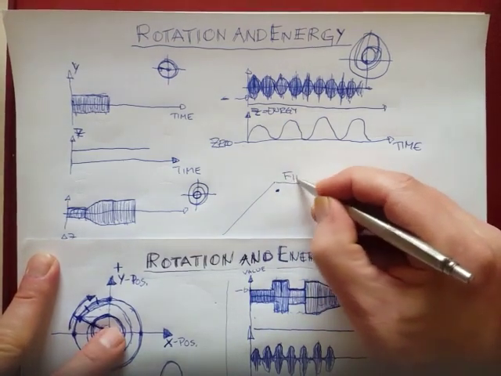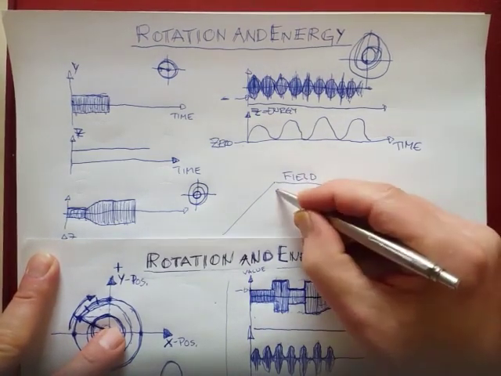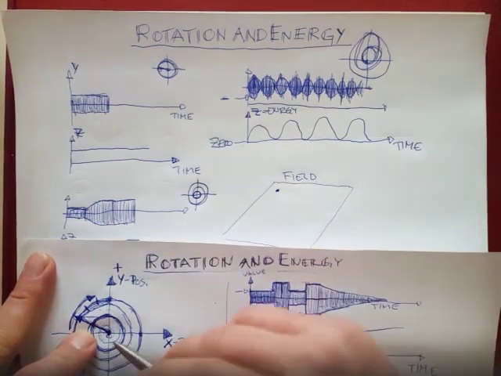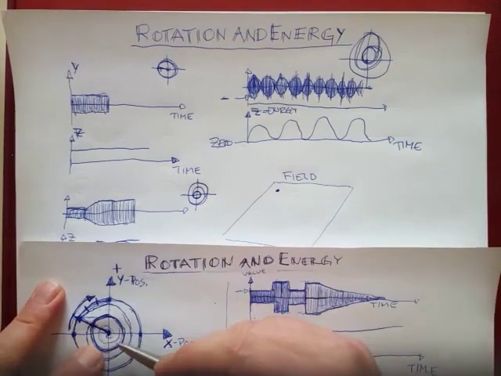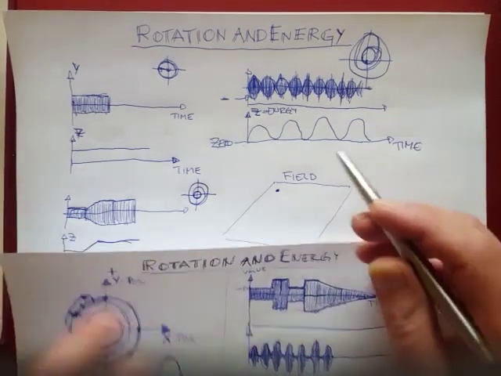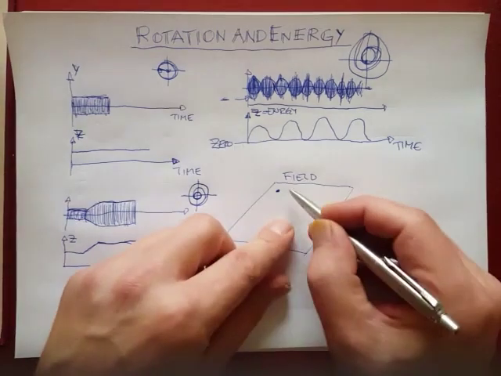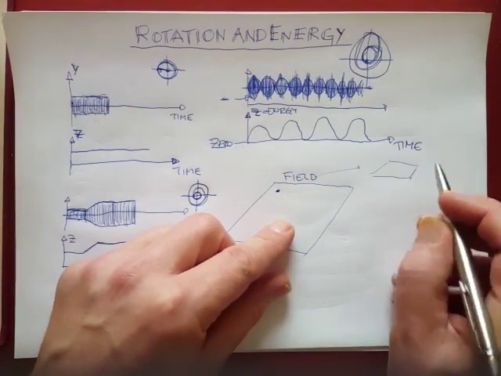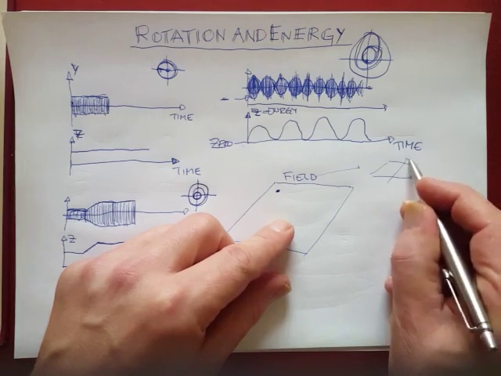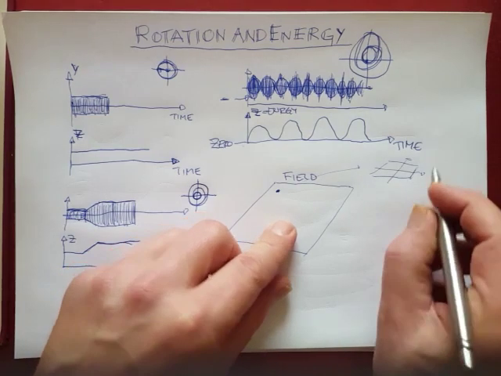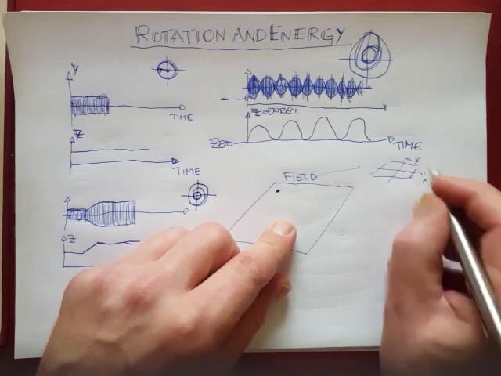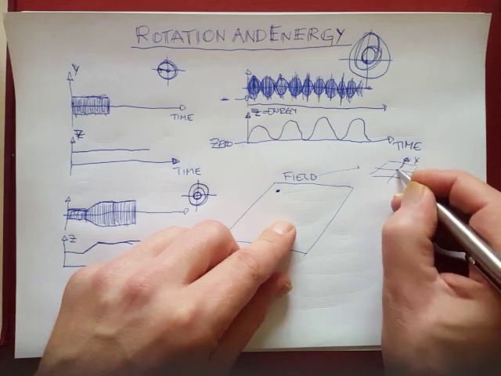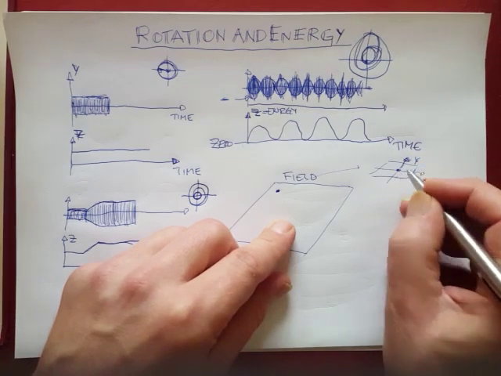This is the field. This point is rotating. But you should not think about that rotation, which I described as being a plane in X and Y. So it rotates here in this space here.